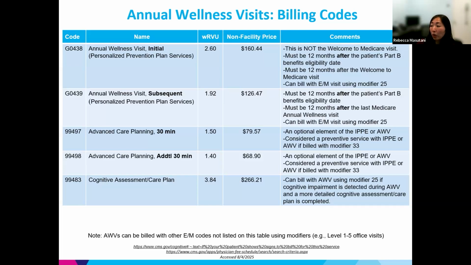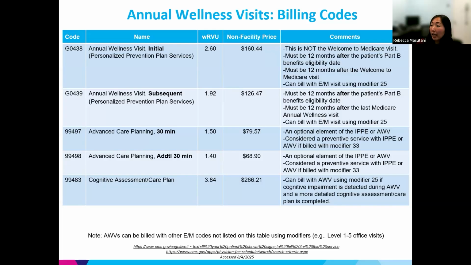So let's take a look at row 1, the G0438 code for the initial annual wellness visit, also known as the Initial Personalized Prevention Plan or Initial Personalized Physical Exam. So the RVU associated with this initial Medicare annual wellness visit is 2.60.